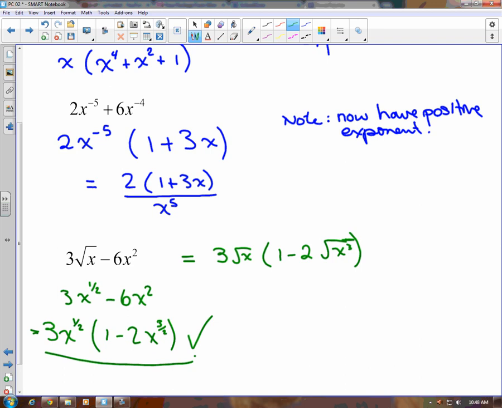And like I say, as you're going through the homework, you'll see sometimes it's this way, sometimes it's that way. It really doesn't matter. And same thing with the negative exponents. When you're looking at your homework, sometimes the answer has a negative exponent. Again, I prefer to leave it as a positive exponent where possible. Mo, same question? Yeah. Okay. So this is fine, and this is also fine.